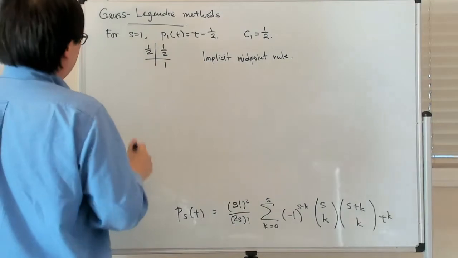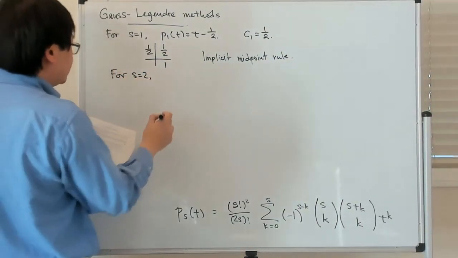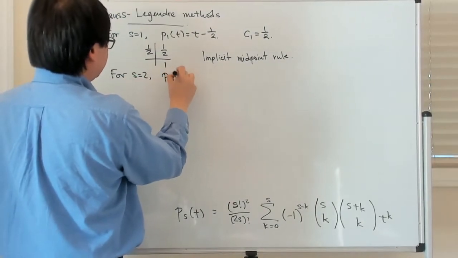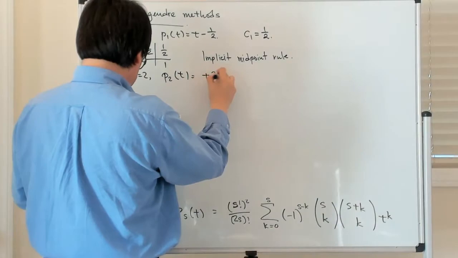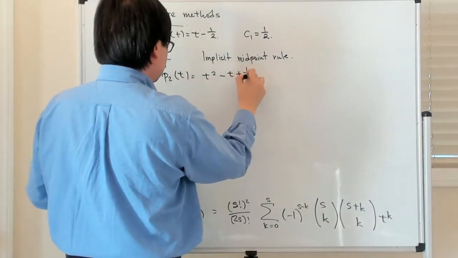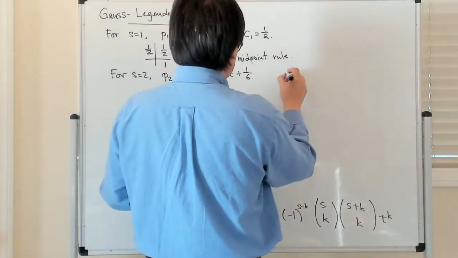Okay, and for s equal to 2, the orthogonal polynomial p2 of t looks like t squared minus t plus 1/6. So you can figure out what the roots are.